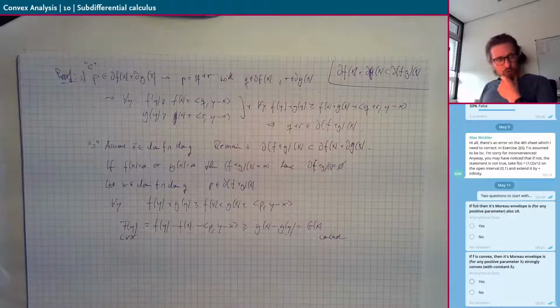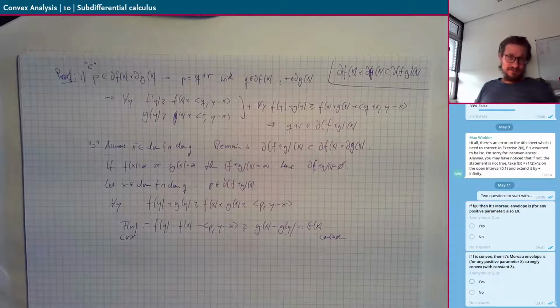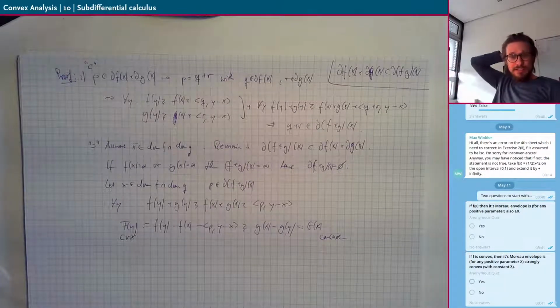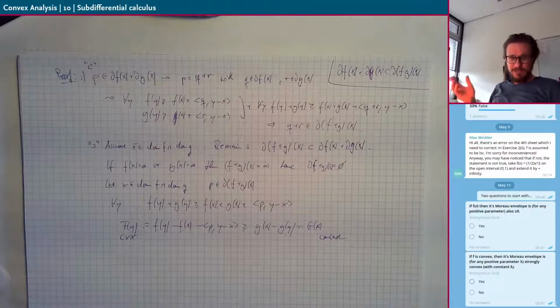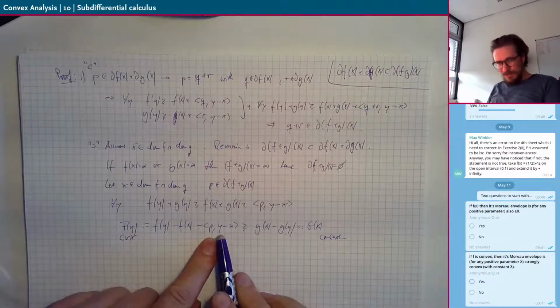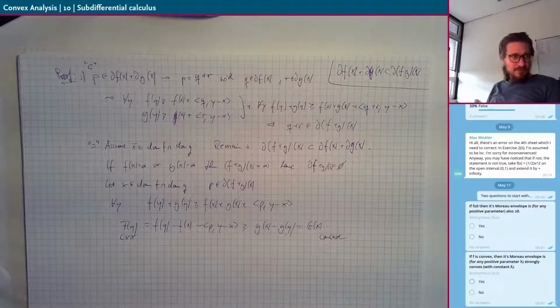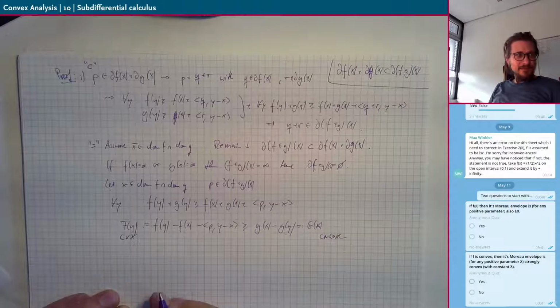The tool we're going to use is separation of convex sets, because separation guarantees the existence of certain hyperplanes, and hyperplanes will give us gradients or subgradients. For separation we need convex sets.